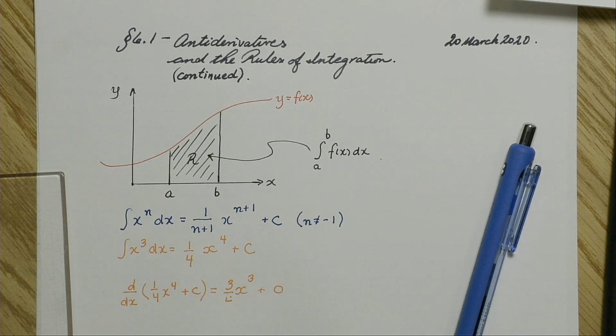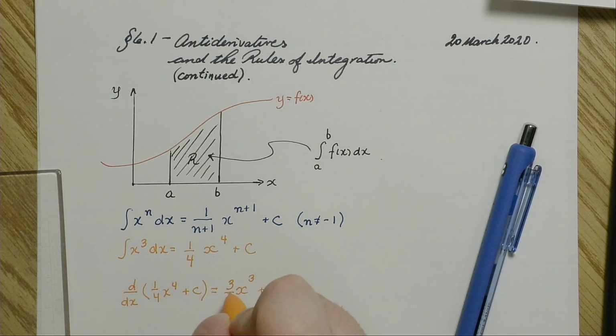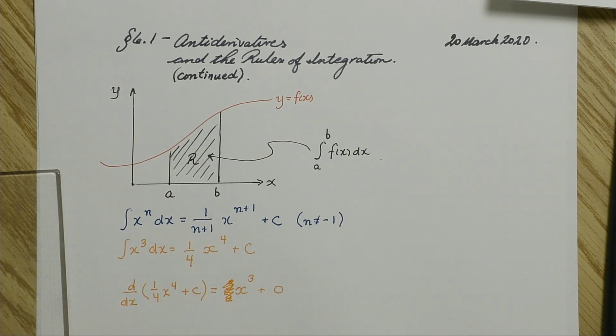So what did I do wrong there? It should be that the 4 comes down, and then it cancels with the 1/4, so I'm just left with x cubed. Okay. I don't know why I made that mistake.